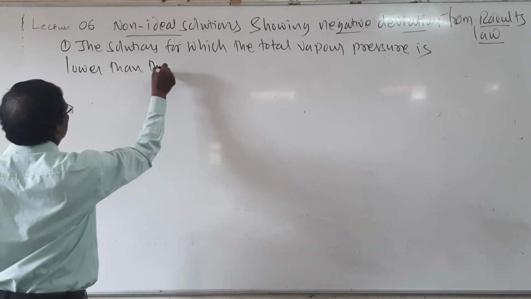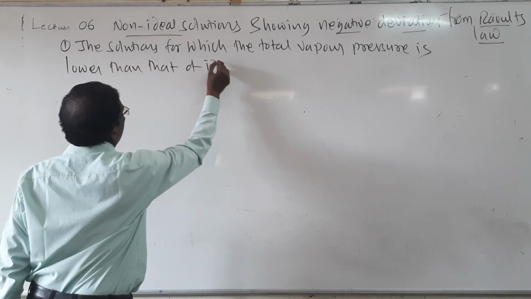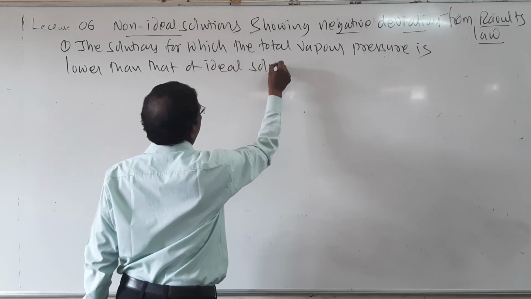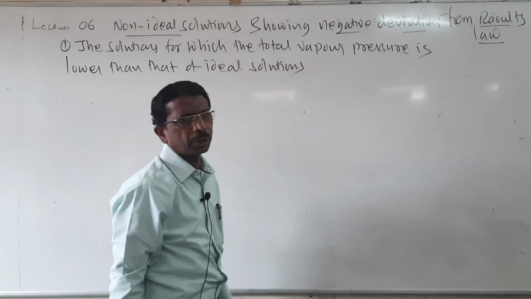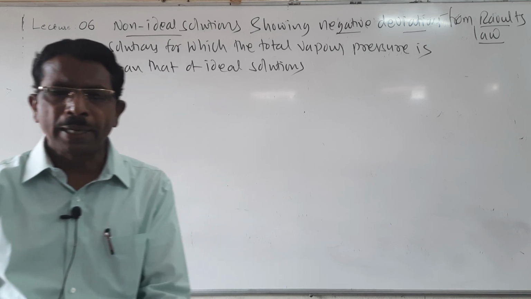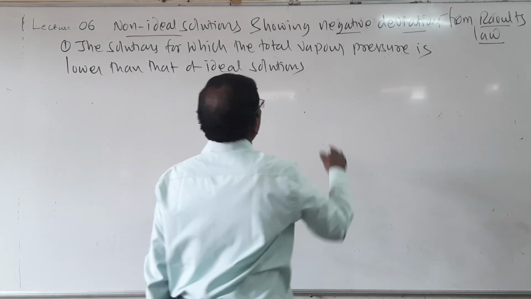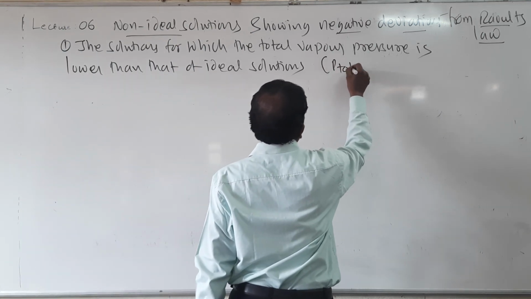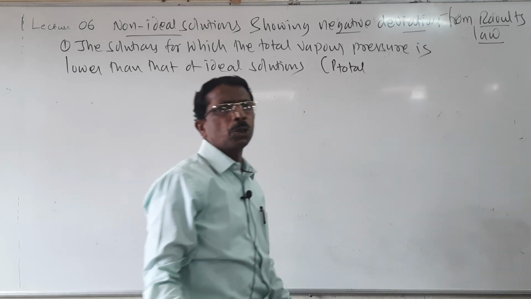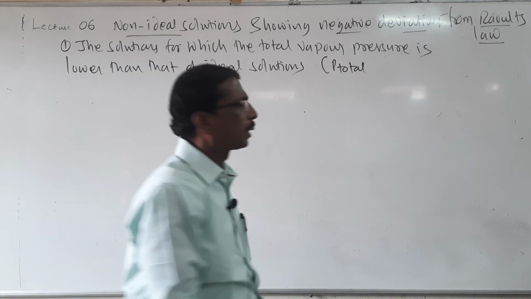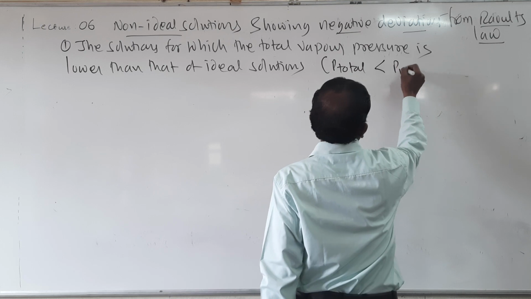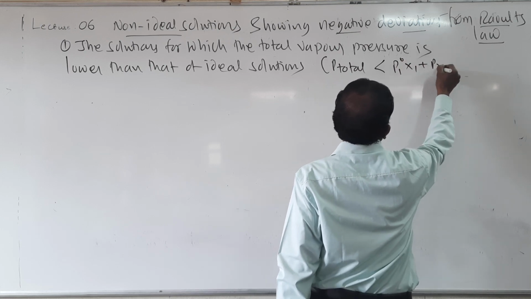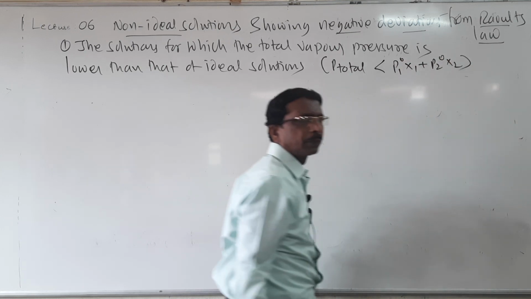than that of ideal solutions. So you may also write P total here. P total is less than P1 naught x1 plus P2 naught x2.